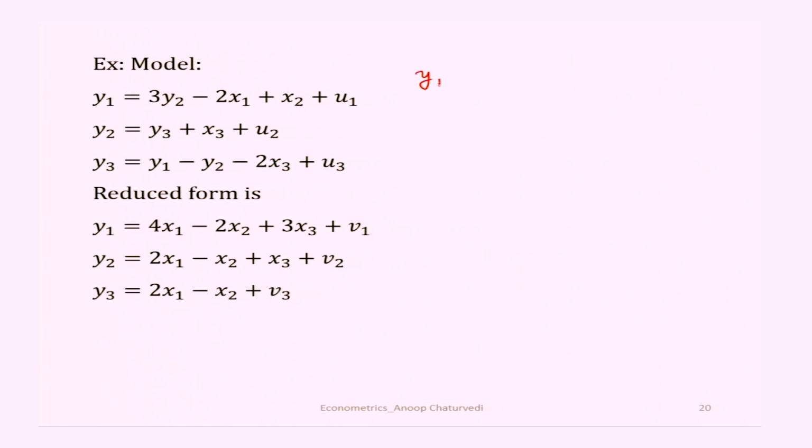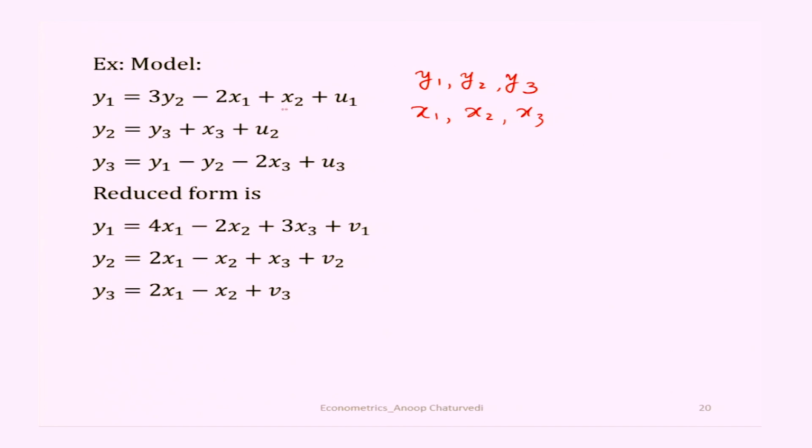Here y 1, y 2, y 3 are the endogenous variables, and x 1, x 2, x 3 are predetermined variables. In the first equation you are including two endogenous variables y 1, y 2 and two exogenous variables x 1 and x 2.